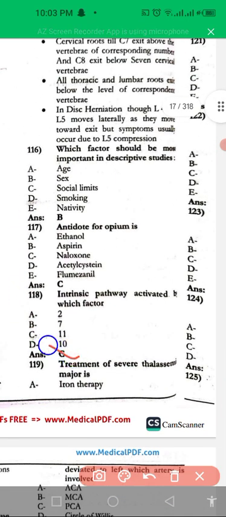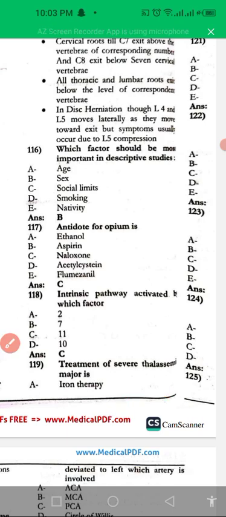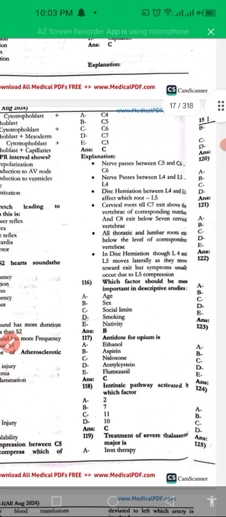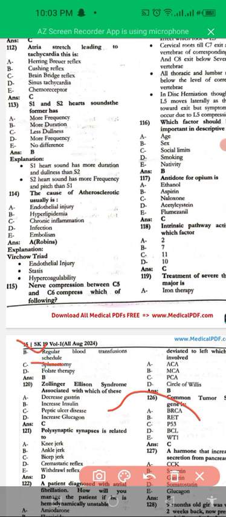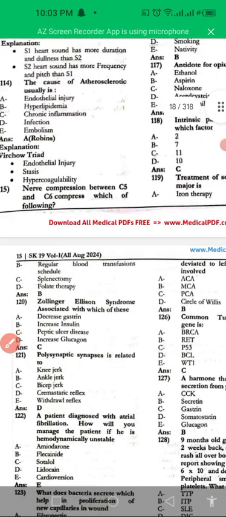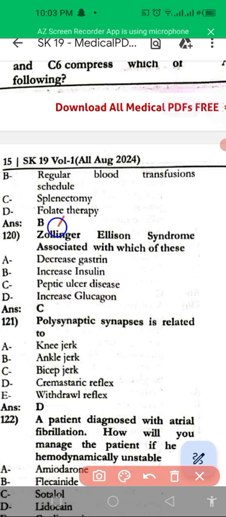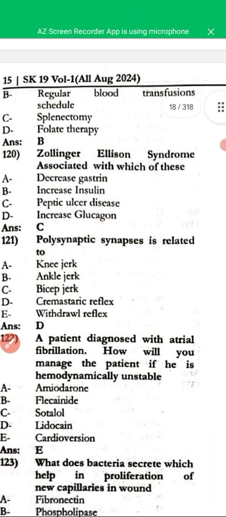Treatment of severe thalassemia is regular blood transfusion on schedule. Zollinger-Ellison syndrome is a gastrin-secreting neoplasia, with increased peptic ulcers. The cremasteric reflex is polysynaptic.